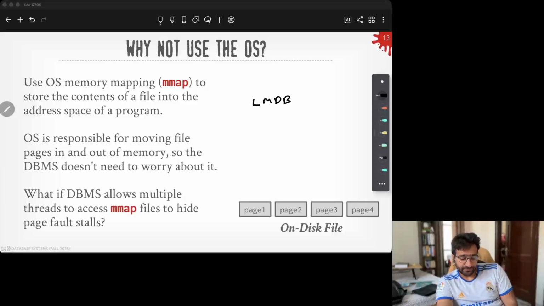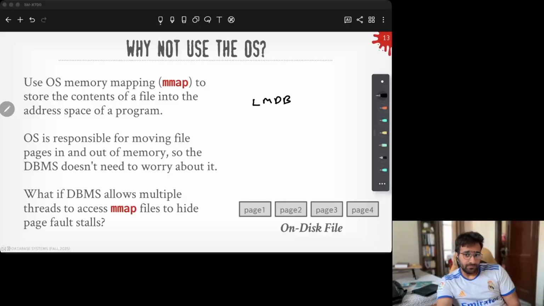Now, why don't we want to use mmap? For those who don't know what mmap is, it's a system call that the operating system provides, where you can map your files on disk into your process's memory and then read and write to that file in such a way that you are just writing to another memory location.